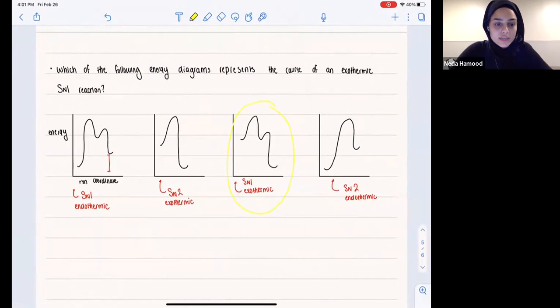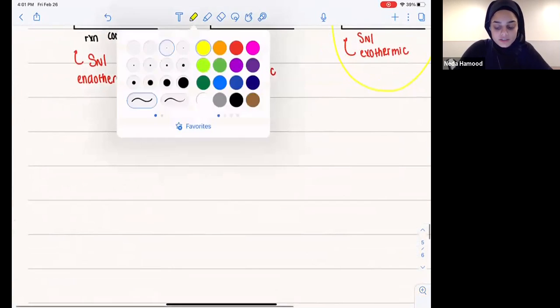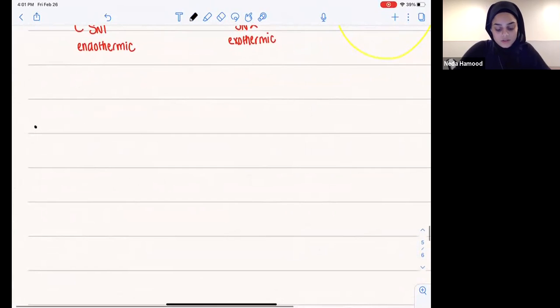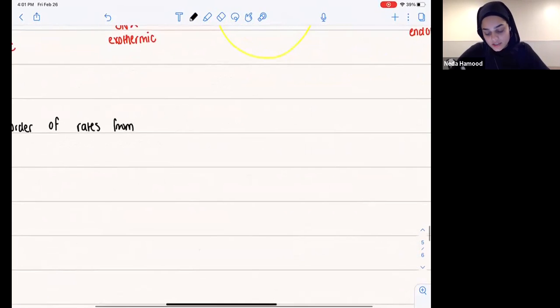What is the order of rate from fastest to slowest for the following reaction? Oh, wow, this is going to be a fun one. I'm not sure if this is related to your material right now, but I feel like it is.